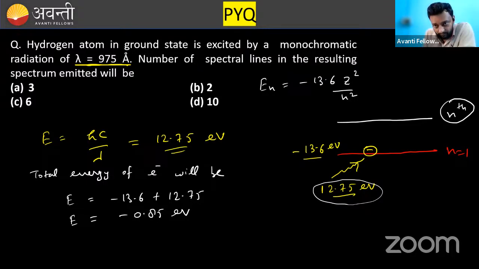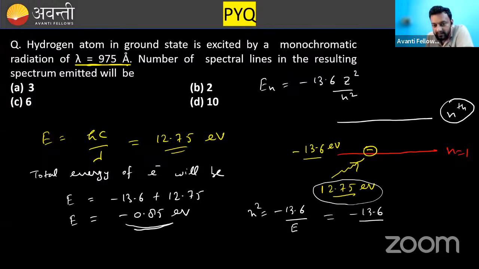So now, what will be the value of n square? Z is 1 for a hydrogen atom so it can be removed. n square is minus 13.6 divided by the energy. The energy that we have calculated is minus 0.85, so put the values, minus 13.6 divided by minus 0.85.